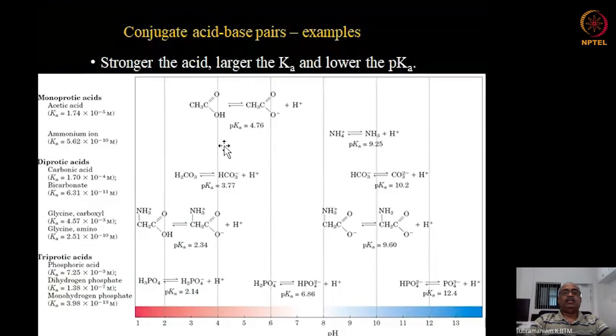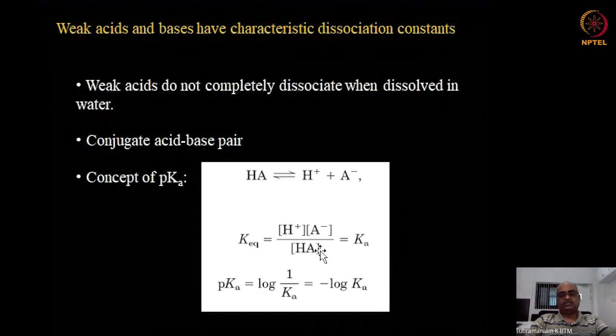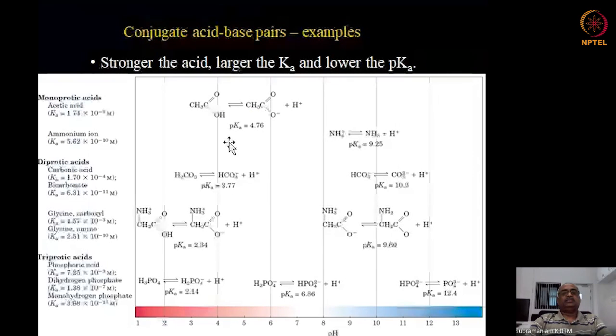So here you have acetic acid. Its pKa value is 4.76. What it means, if we go back and look at this, when the concentrations of the numerator and the denominator are equal, that will be the point that pKa indicates. In this case 4.76 is the pH at which these two will be in equal concentrations.